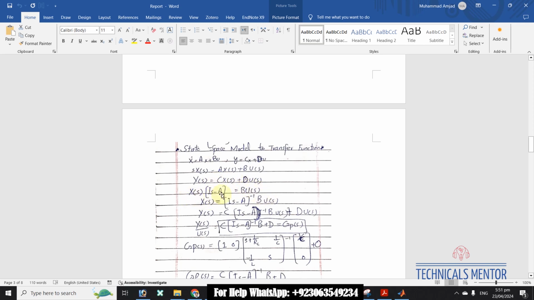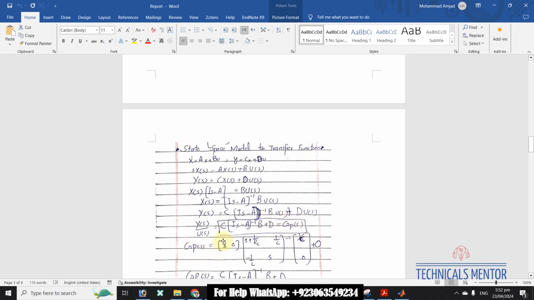X(s) times (sI minus A) is equal to BU(s), so X(s) is equal to (sI minus A) to the power minus 1 times BU(s), and Y(s) is equal to C(sI minus A) to the power minus 1 BU(s) plus DU(s), where Y(s) over U(s) is equal to C(sI minus A) inverse B plus D is equal to G(s).